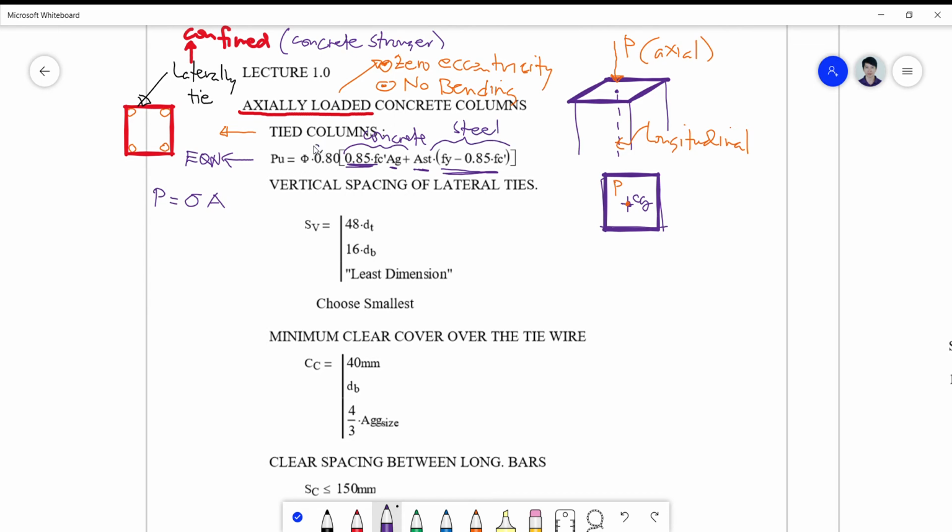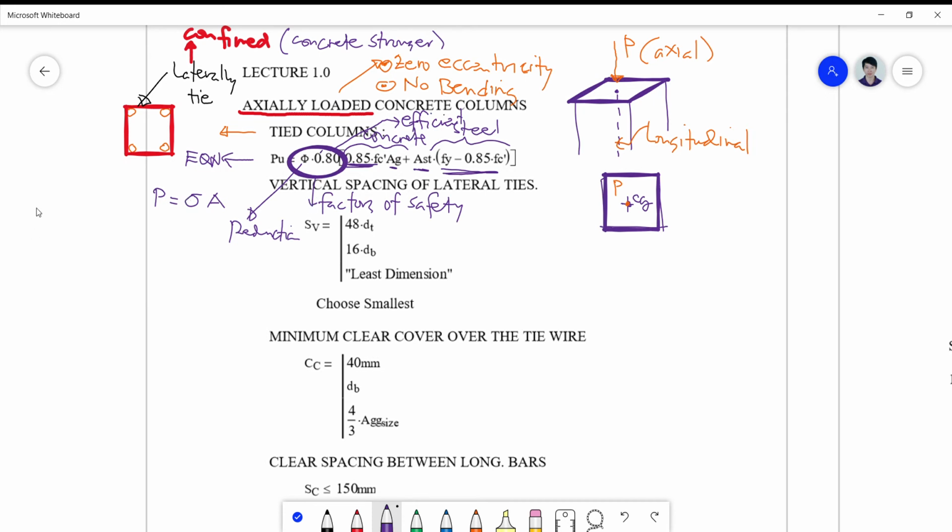And these are factors that we normally consider for what? For safety considerations. So phi is the reduction factor, and 0.8 is called an efficiency factor. How efficient the tied columns are gives you this 80%.